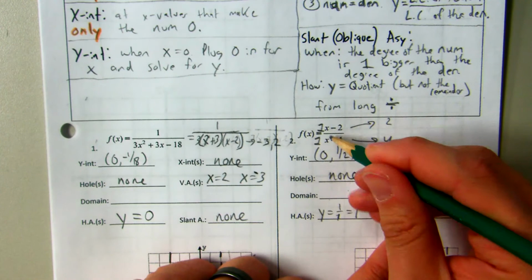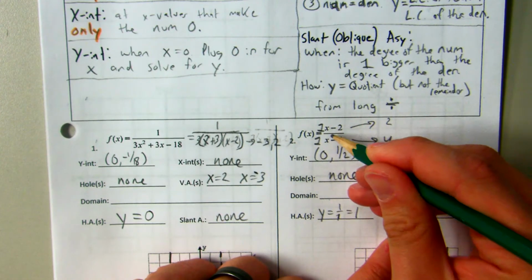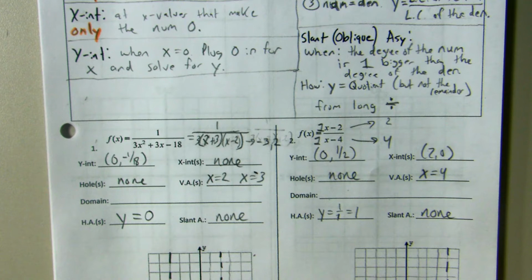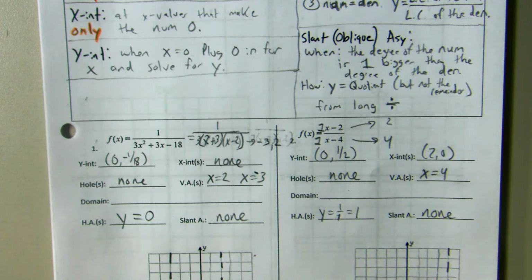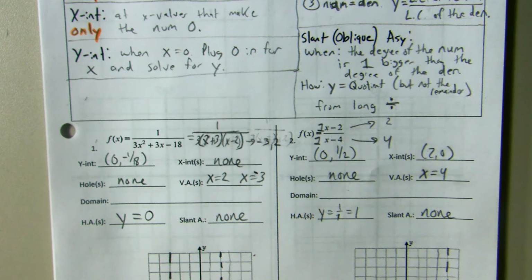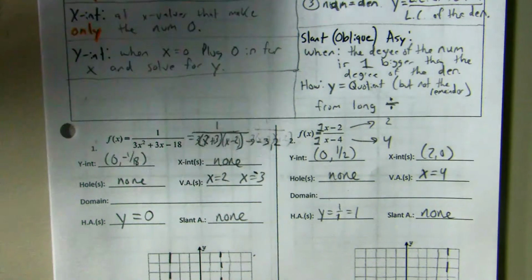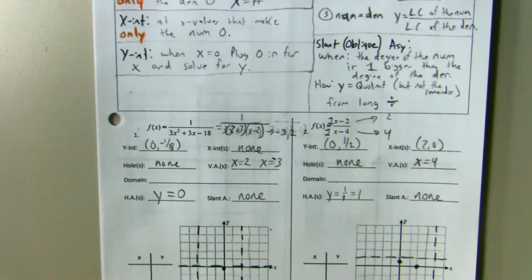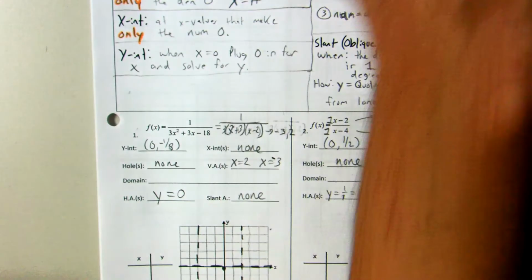Number 2, the degree of the numerator is not 1 bigger than the degree of the denominator, so there's not a slant asymptote. I can do that. So again, I'm going to work question 3 for you all at once. And if it doesn't have a slant asymptote, I'll just try to find one that does so we can see what's better.